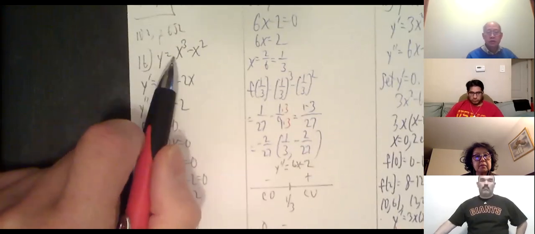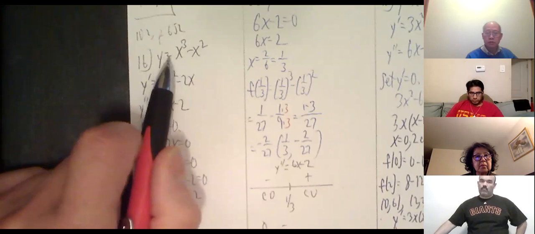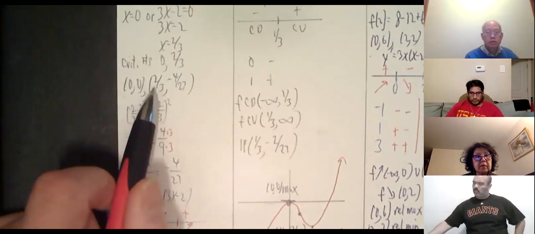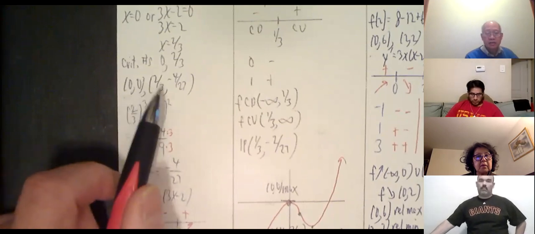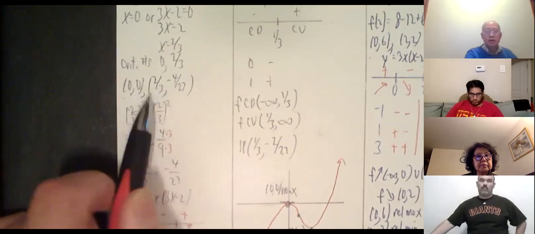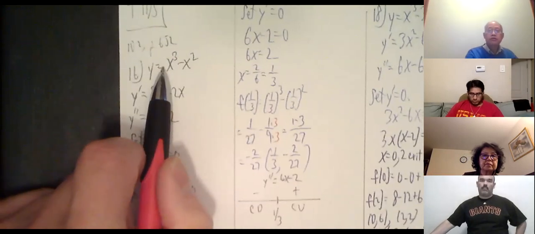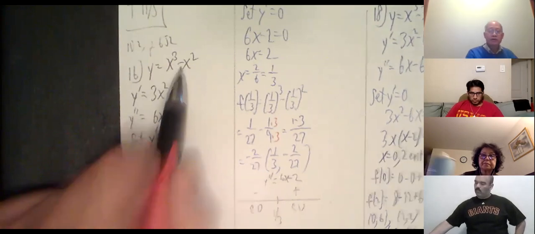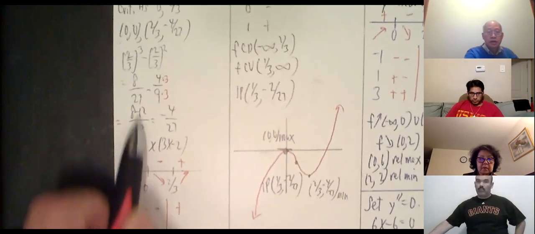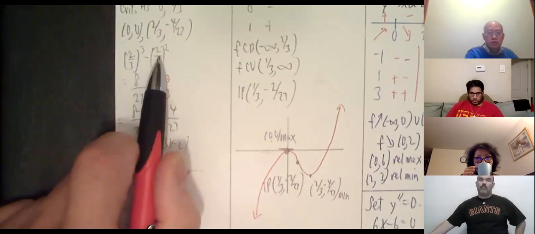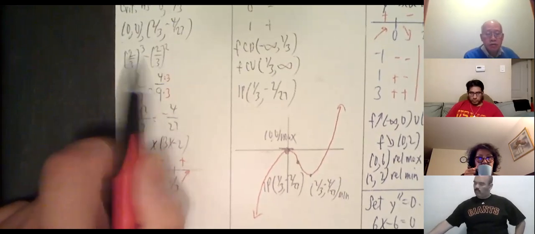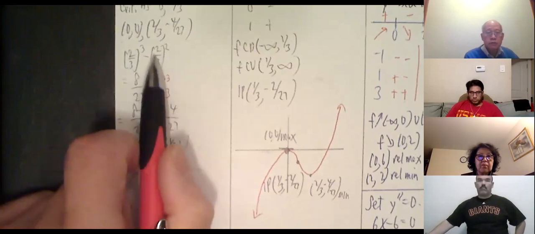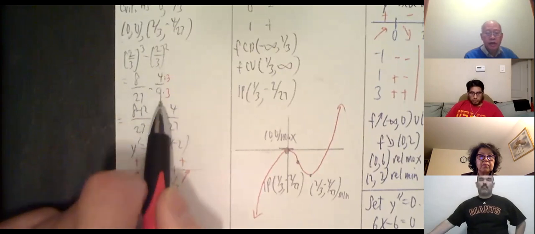Okay, plug in 0. 0 cubed is 0, 0 squared is 0, 0 minus 0 is 0. So 0, 0. 2/3, however, is not nice. It looks like you come out with -4/27. If you plug in 2/3, 2/3 cubed minus 2/3 squared. 2/3 cubed: 2 cubed is 8, 3 cubed is 27. 2/3 squared is 4/9.